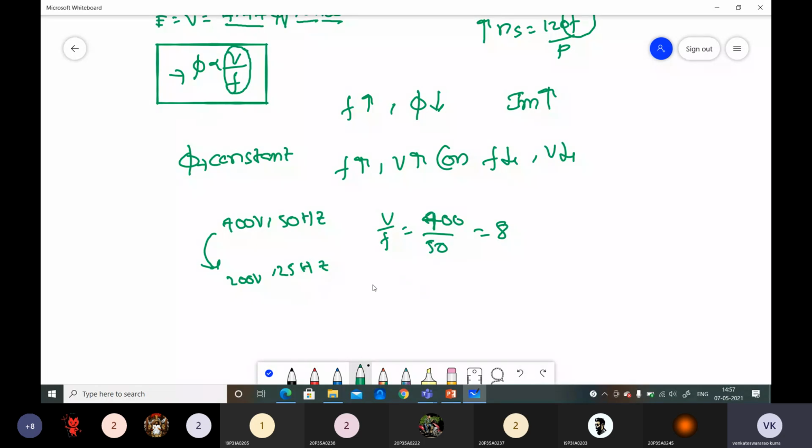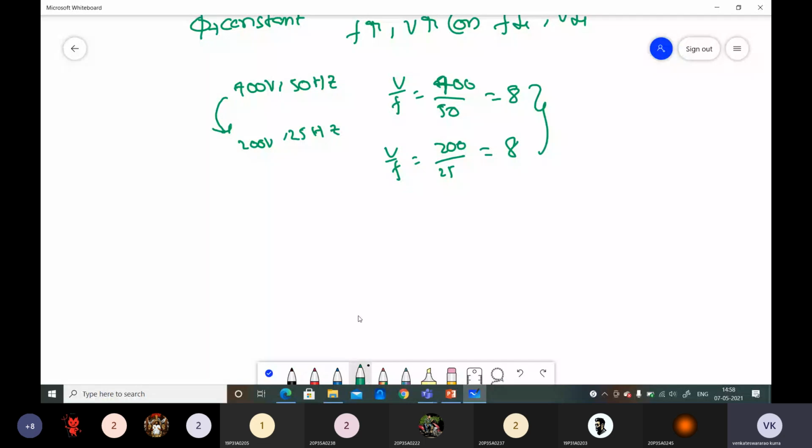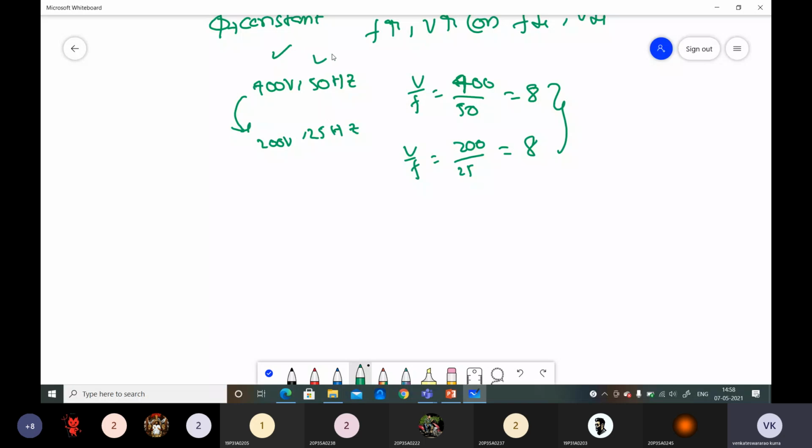Then calculate V by F: V by F equals 200 by 25, and in this case also we get the same value. So in both cases V by F is maintained constant to get variable speeds by changing the supply frequency. Along with the frequency, if you change the supply voltage, the motor will not be damaged and the flux will be constant. So to make the flux constant, we need to vary both values, voltage and frequency. This is one of the methods to obtain variable speeds in an induction motor.